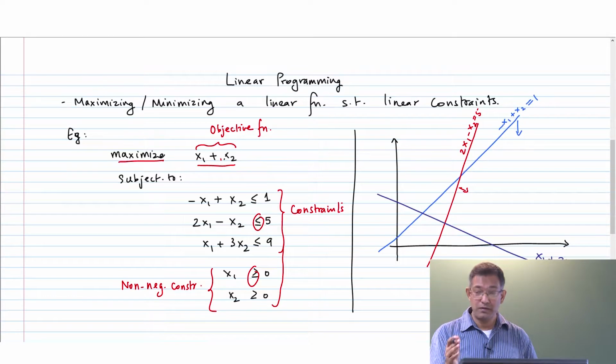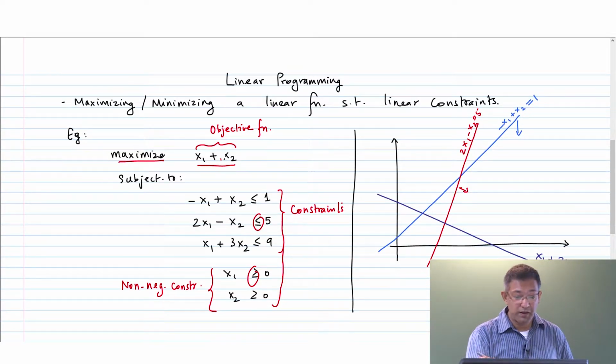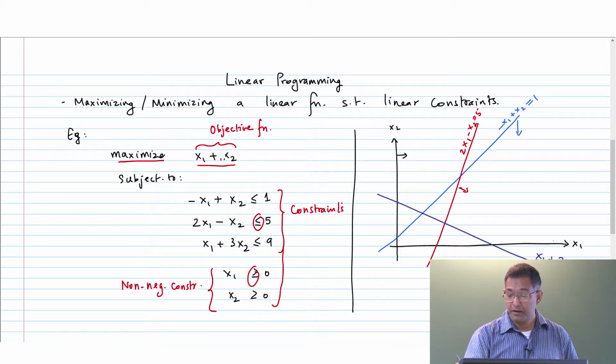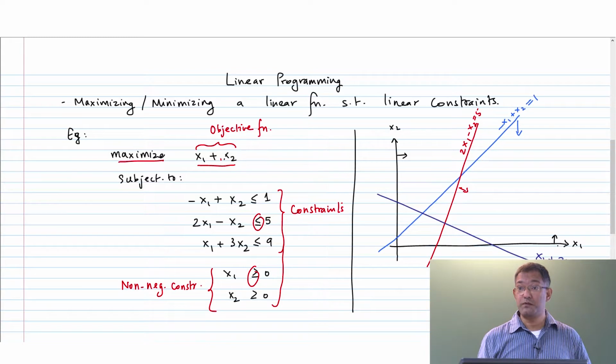Okay. So, this is roughly how this looks, and then you have the non-negativity constraints, x1 and x2 are positive.